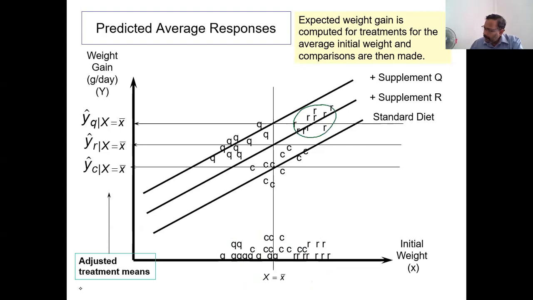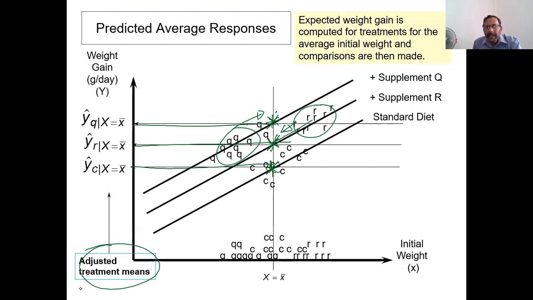This value is adjusted according to here. This value is adjusted according to there. And this is already there. This is in this direction, this is in that direction. So we adjust the values. Now everything is adjusted according to the initial weight, so it is called the adjusted treatment mean.